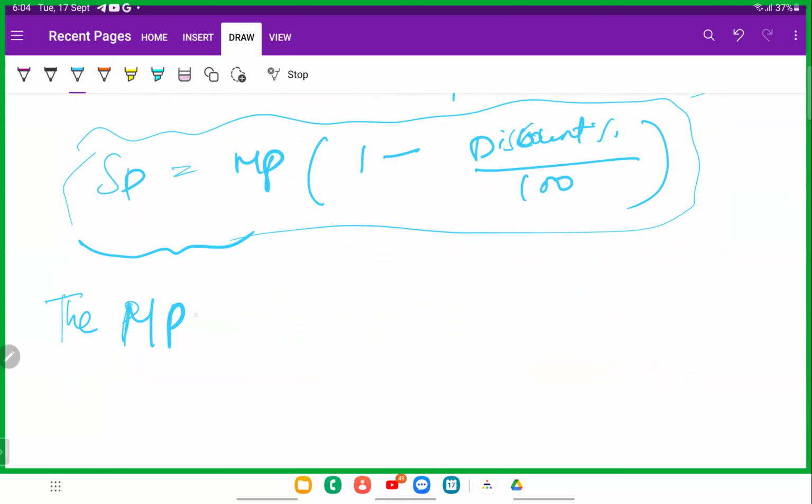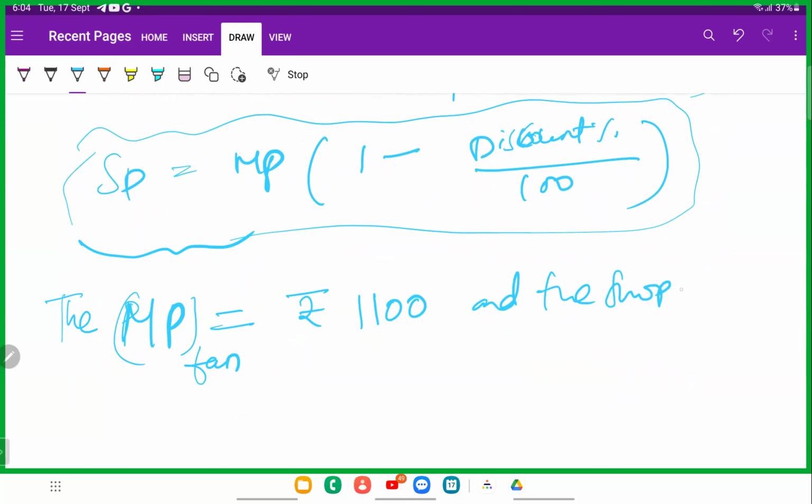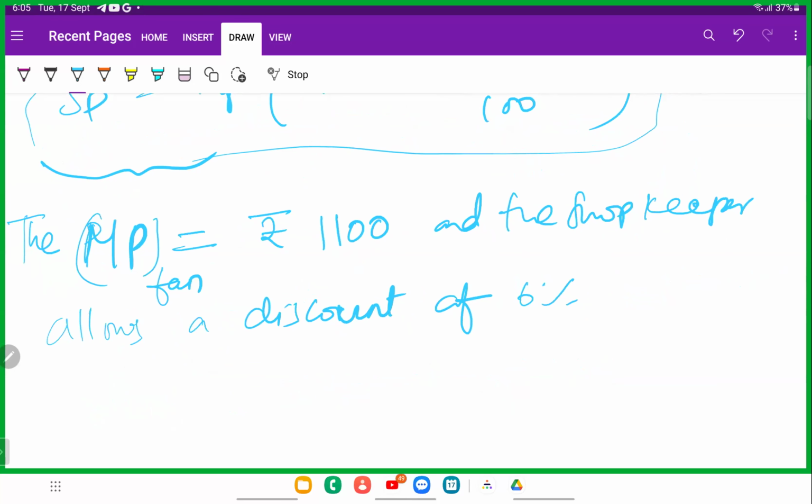The market price of a fan is equal to 1100 rupees and the shopkeeper allows a discount of 6%. Find the selling price of the fan.